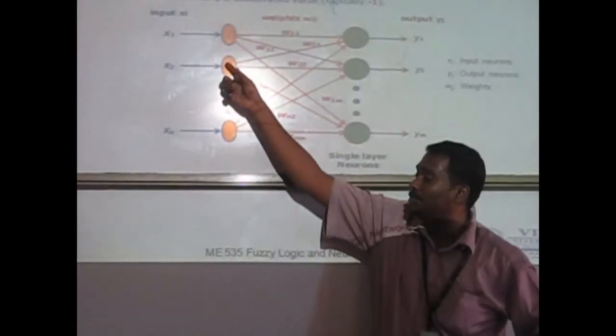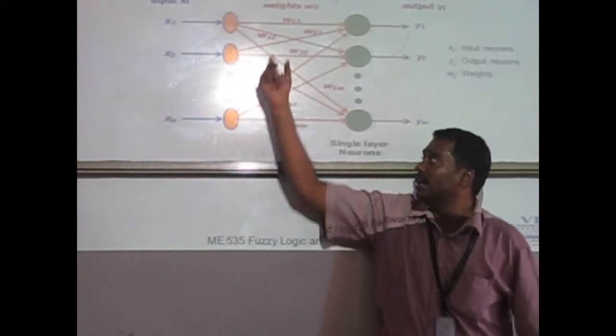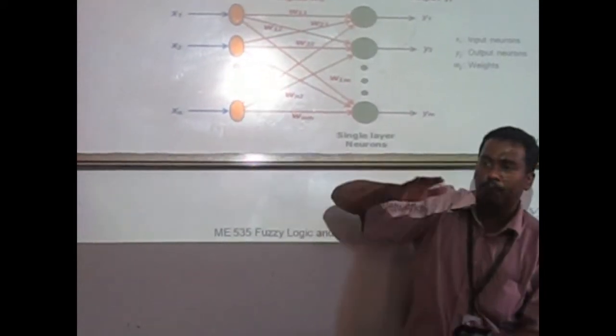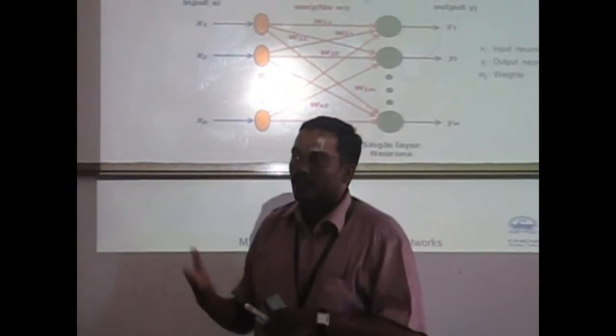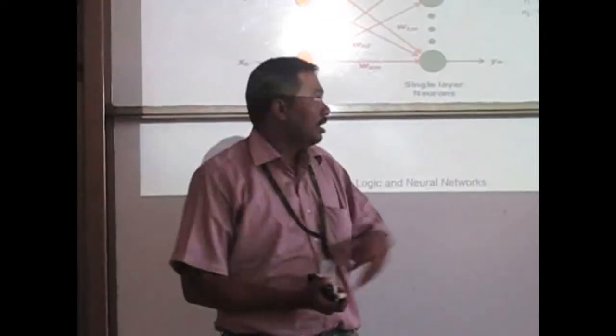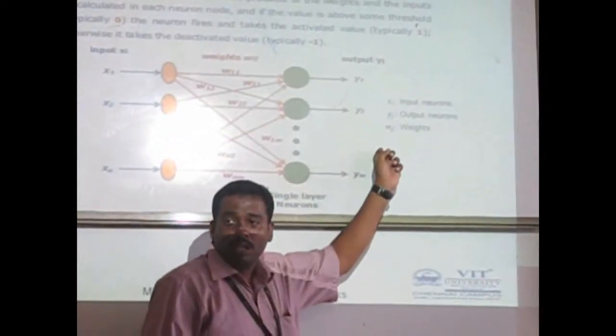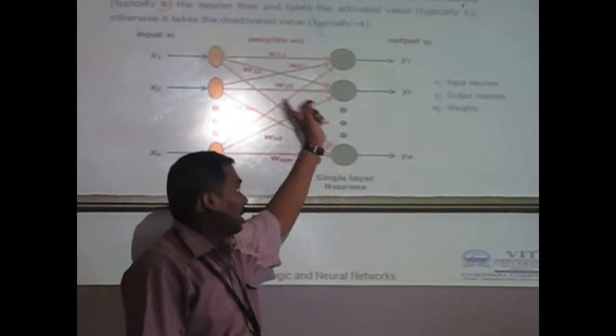We have to correlate all the inputs with all the defined outputs. Then only can we get the defined output, and then you have to compare the defined output with the target output.